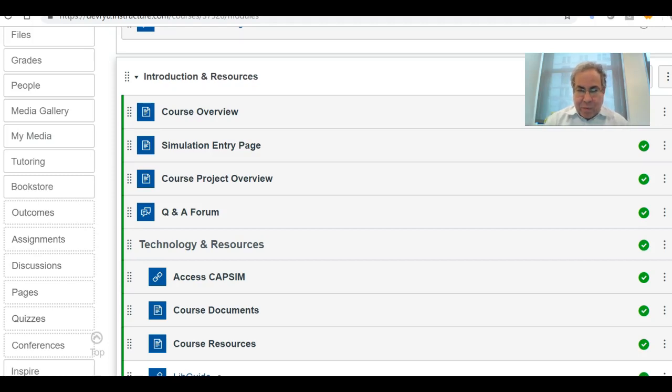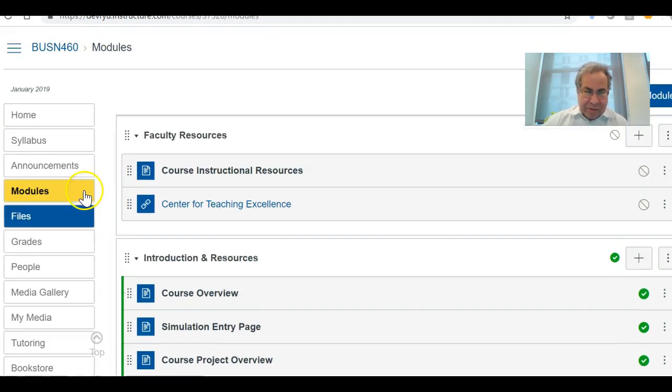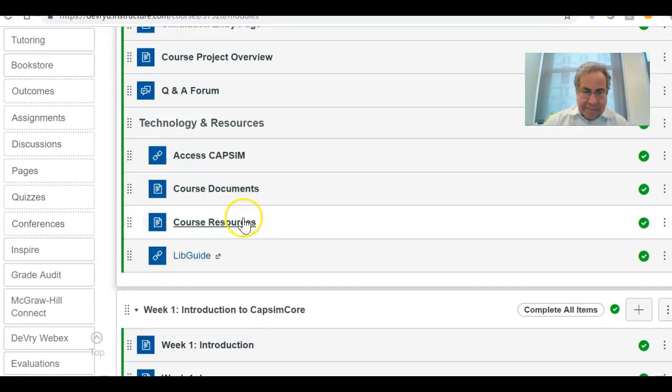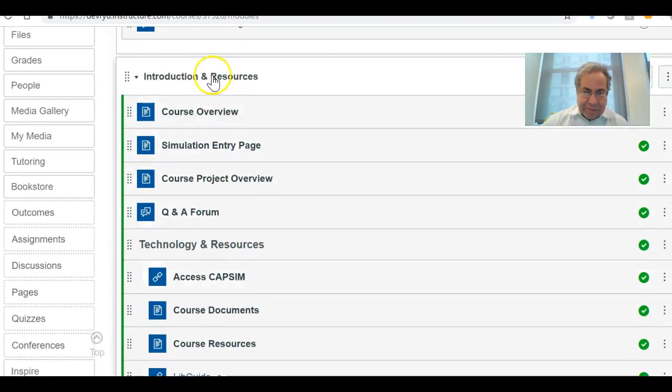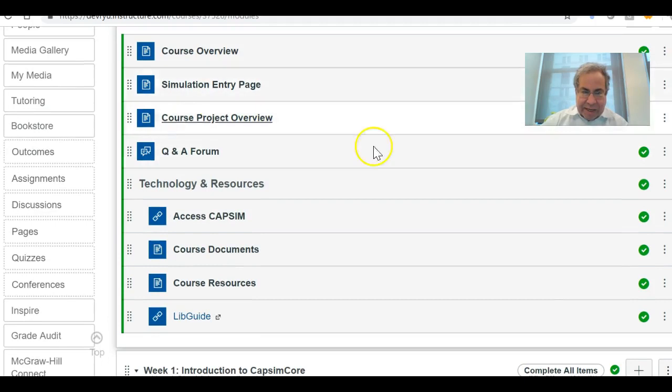So for week one, it is very important that you go into the modules tab, and before week one, you have all this information: introduction and resources, course overview. I'd like you to go through this before you access CAPSIM so that you understand what this course is all about.